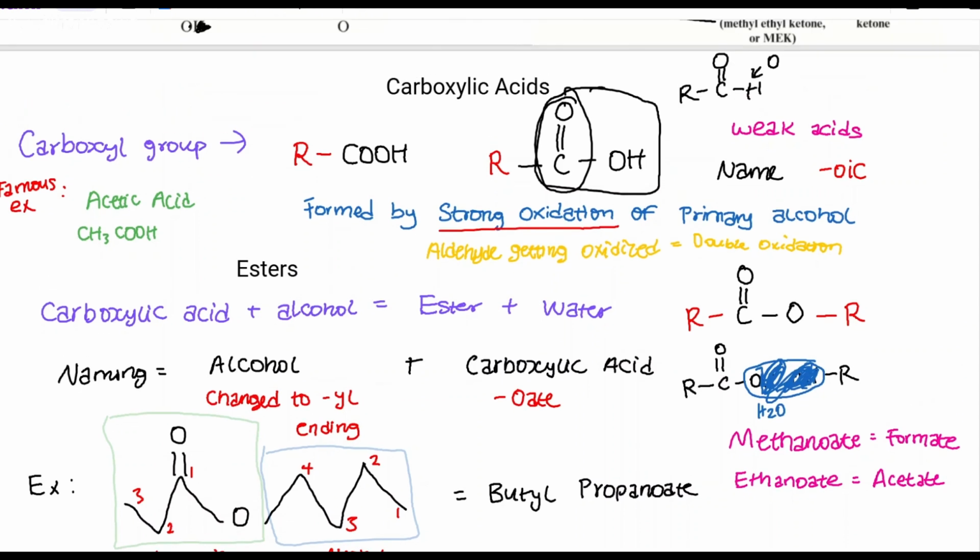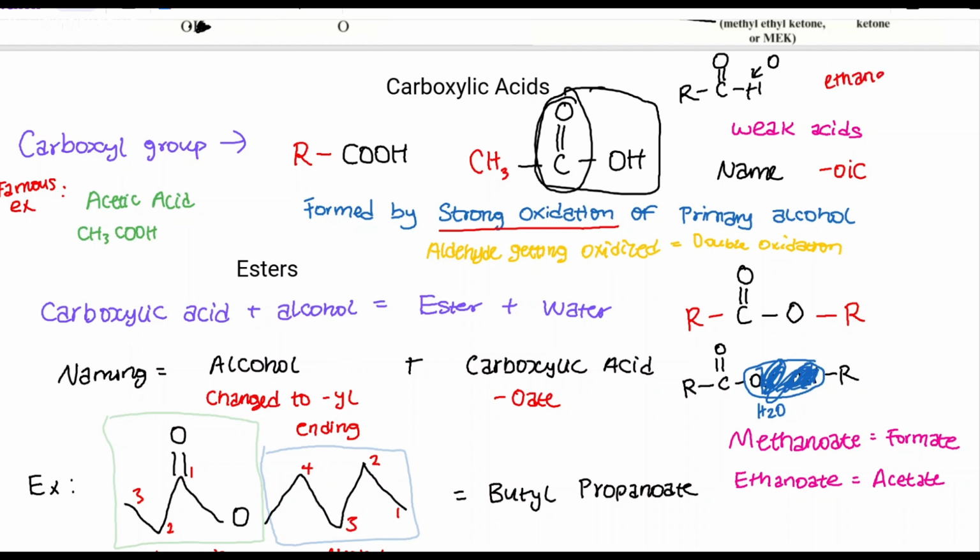And one thing I skipped on carboxylic acid is naming the rest of them, like alcohol. So let's say the R group becomes CH3, I think. If the R group is just CH3, then this adds 2 carbons now, so it'll be ethane.